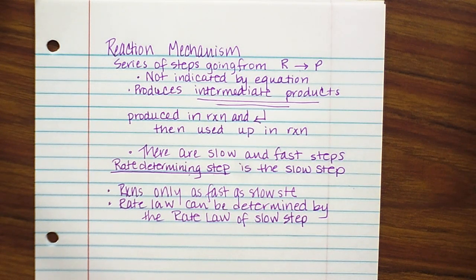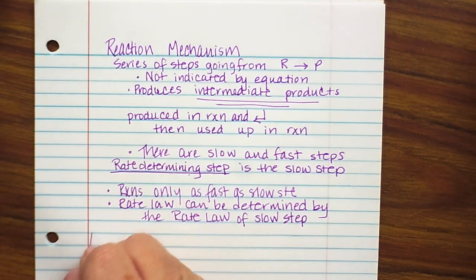And if they put an intermediate in there, then that intermediate would be gone, wouldn't it? Even though it's in the slow step, it would be canceled out. So you have to do the job to make sure that your slow step is pure and not polluted by an intermediate or a catalyst that's going to disappear. All right? And so that's what the problem's about. So we're going to take a look at a couple of these.